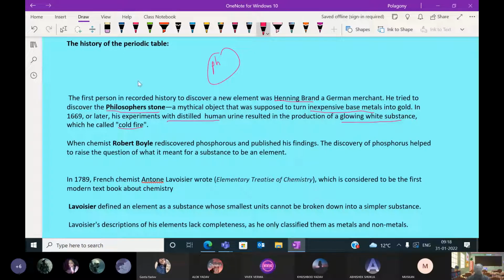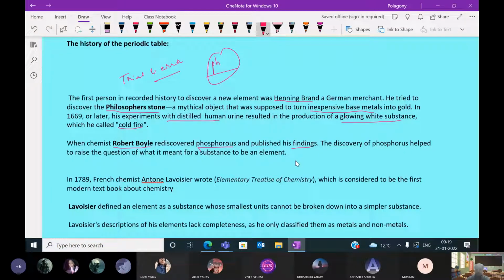By trial and error he prepared the element phosphorus, but he couldn't study its properties or tell what kind of element it was. He kept his experiment secret for many years. Later, the scientist Robert Boyle discovered the same element, phosphorus, and published his findings.